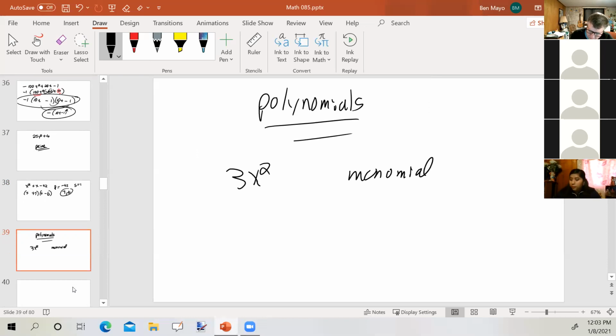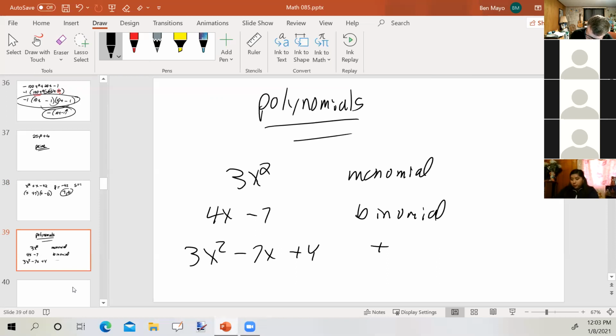If a polynomial has two terms, like 4x minus 7, that's called a binomial. If a polynomial has three terms, like 3x squared minus 7x plus y, that is a trinomial.